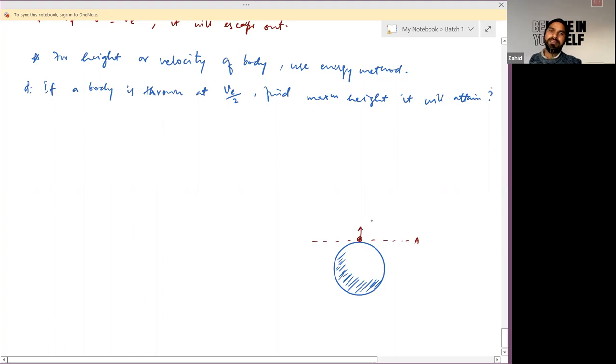Thrown upward at some velocity v by 2, it may attain this height h. At its highest point, there will be no vertical component of velocity to move it further upward. So the final velocity in the upward direction at this point will be 0. Let's say from the center of Earth, this is the radius of Earth.